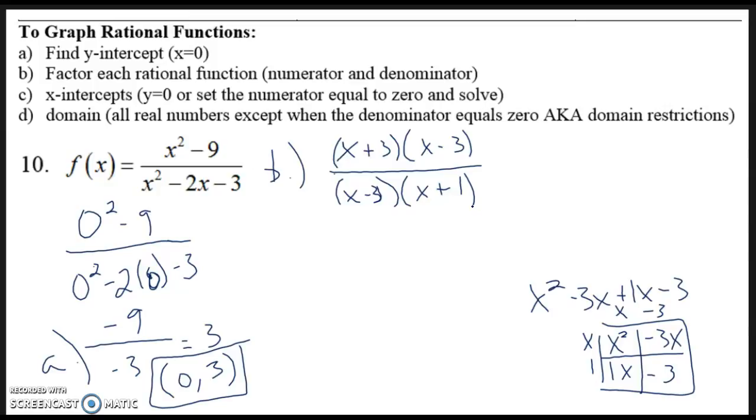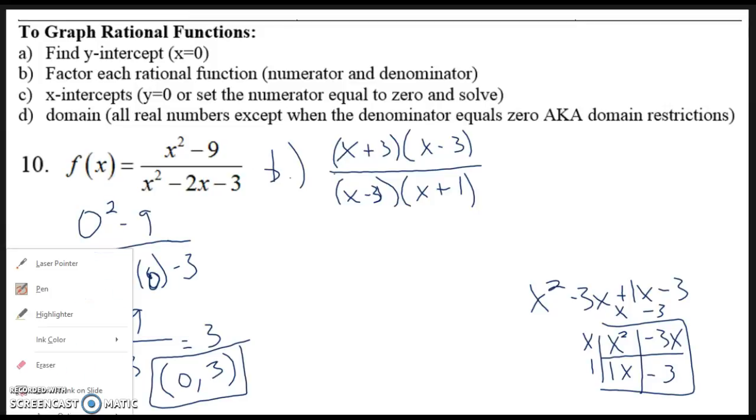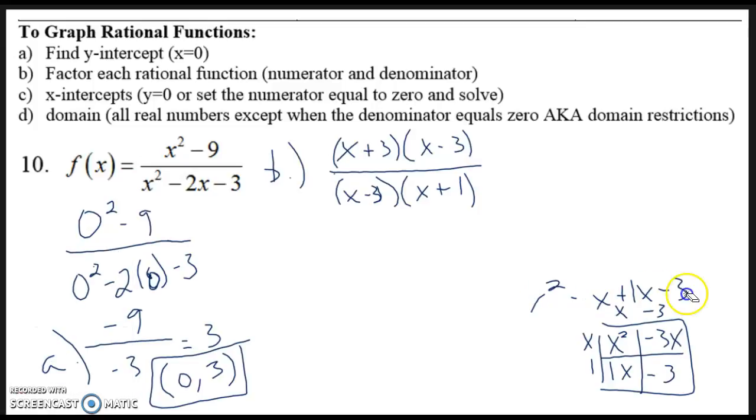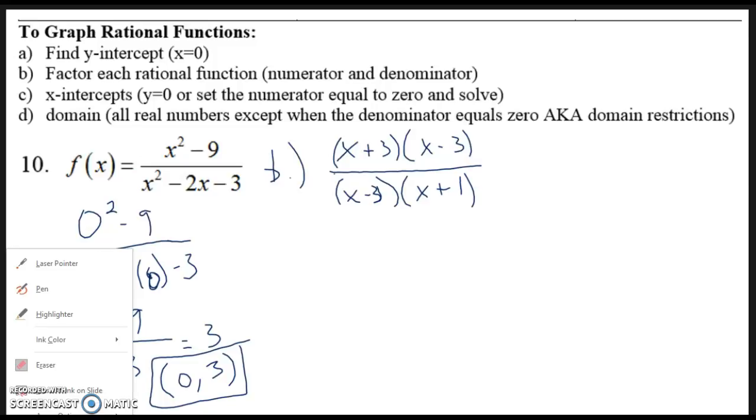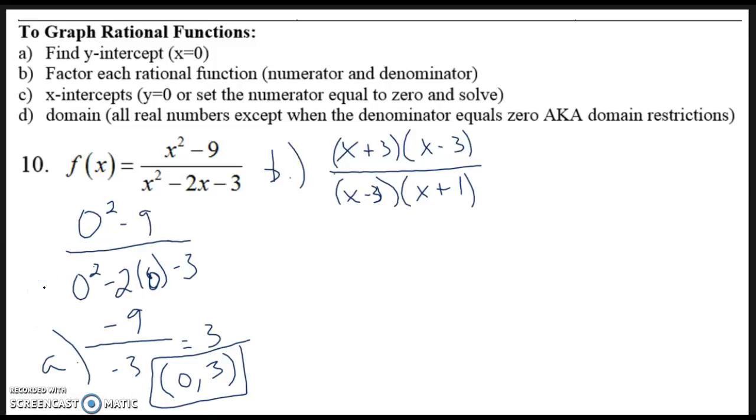Yesterday, we didn't have any of these that would divide out, right? So I didn't worry about it. Today, x minus 3 divided by x minus 3 will divide to 1. So because of the way graphs work, when I have stuff that cancels like that in my numerator and denominator, it puts a hole in my graph, okay? Because if those numbers occurred, then I can't graph that point.